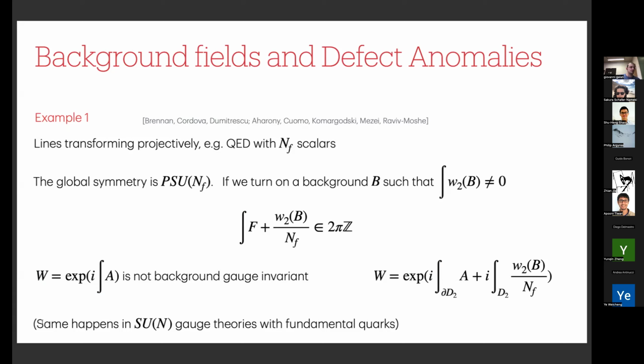Let me just mention that this is very generic. It happens any time we have lines which transform projectively under the bulk global symmetry. For example, it can happen in SU(N) gauge theories with fundamental quarks if we have, for example, some U(1) baryonic symmetry.